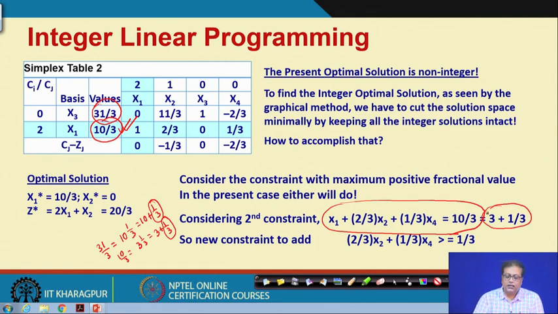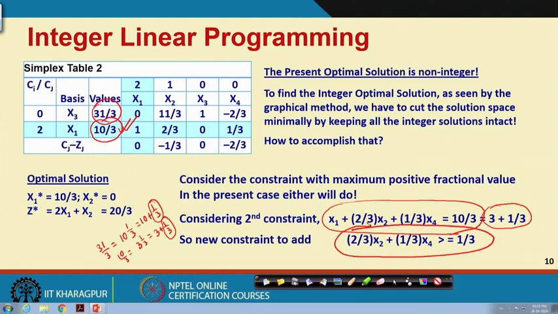So, the new constraint to add, this will be interesting, you take only the fractional part. x1 is not fractional because it has a coefficient of 1. So, only the fractional coefficient part should be taken. The fractional coefficient is 2 by 3 here, 1 by 3 here, and the fractional value is 1 by 3. So, this is our new constraint to add.